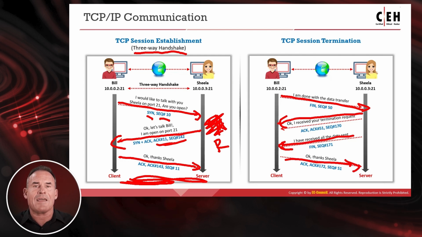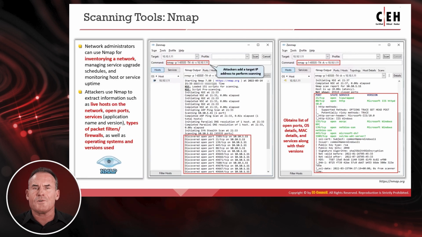So think of it like having a phone conversation: ring, ring, hello, hello, let's talk. Then I terminate the connection by hanging up on you. That's an RST. But if I let you know, hey, I'm done talking now, I've got to get off, that's a FIN dialogue. So at any time, one side or the other can send an RST, and that terminates the connection. All right, normal circumstances.